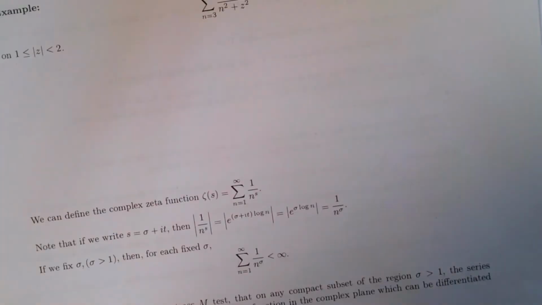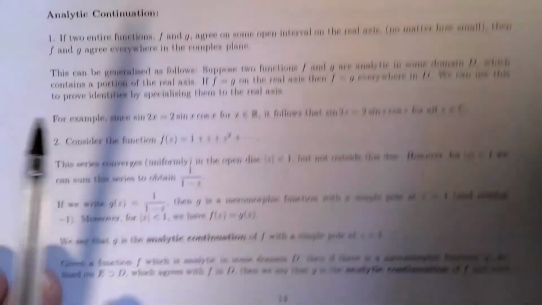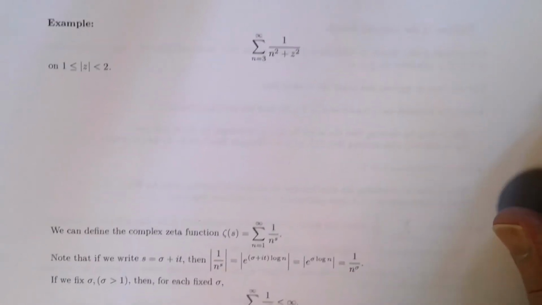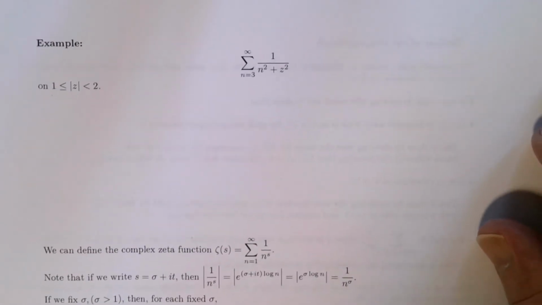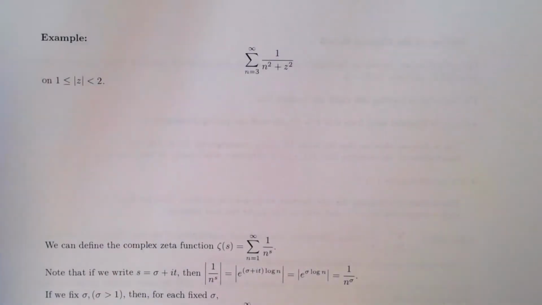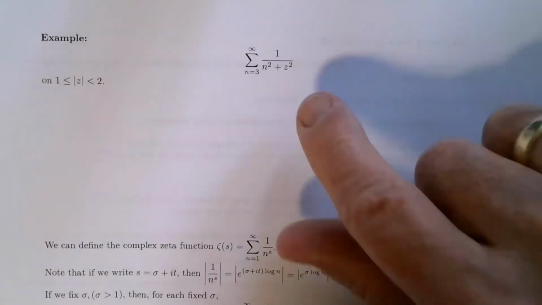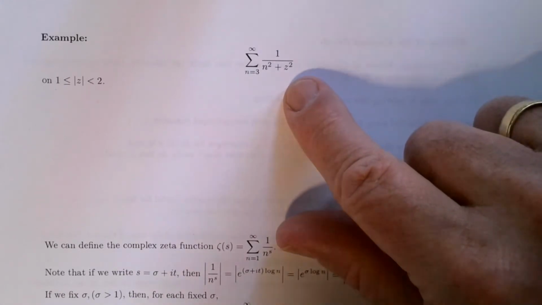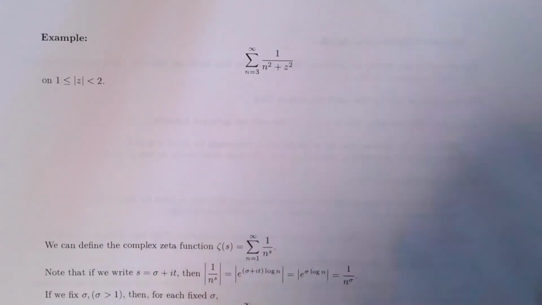I'll do a quick example just to demonstrate how it works for those who haven't done this for a little while. Here's a very simple example. We're going to look at the sum of 1 over n squared plus z squared, n equals 3 to infinity, on the annulus with mod z between 1 and 2.